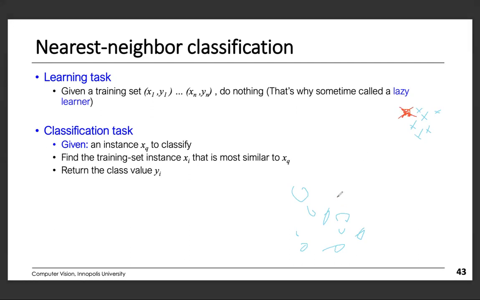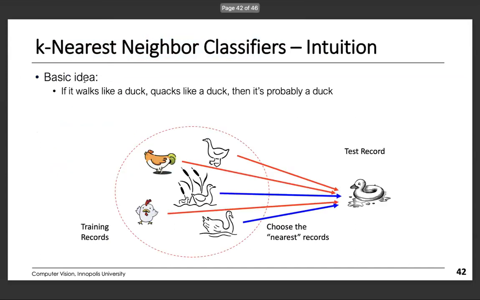Take another point, let's say here. We don't know its class. We look for the closest points related to it, and we give it their same class. Make sense? I hope so. For k-nearest neighbors, just remember that k is a hyperparameter.